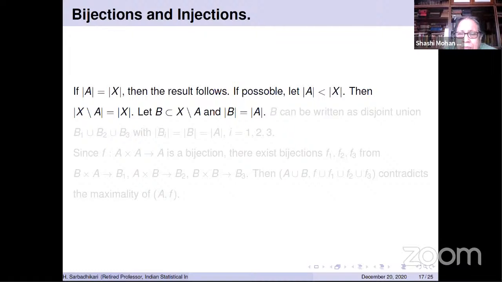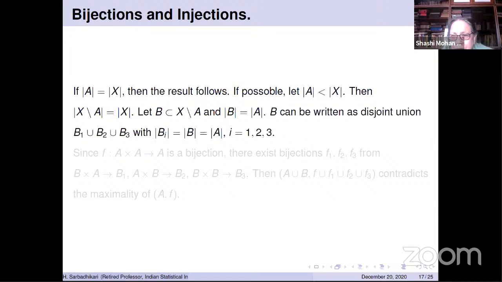So if possible, suppose the cardinality of A is less than X. Then the cardinality of X minus A must be equal to X, since they can't both be less than X. Then inside X minus A, there will be a set B of cardinality the same as A. Since these are all infinite sets, you can break B into 3 disjoint parts, each of the same size as B, call them B1, B2, B3.